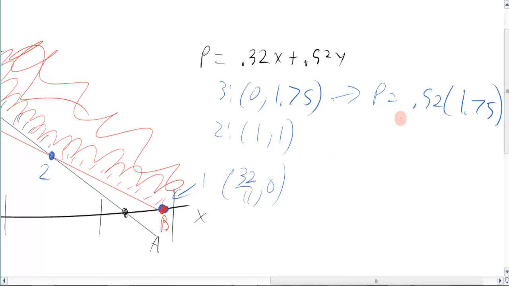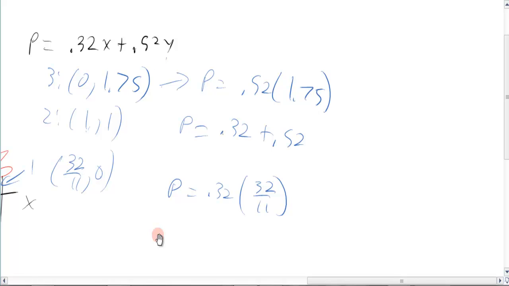This one would be 0.32 plus 0.52, because when we substitute in 1 and 1, it just gives us those values. Then the third one is going to be 0.32 times 32/11. Again, because it's 0 y's, that's going to make those 0.